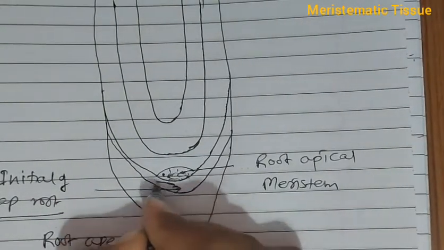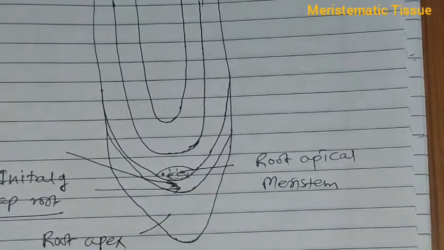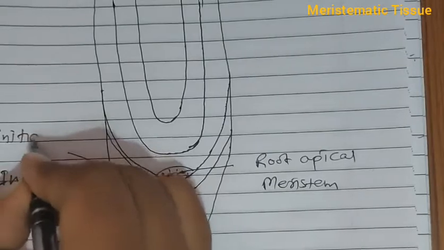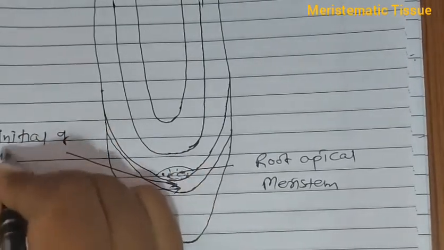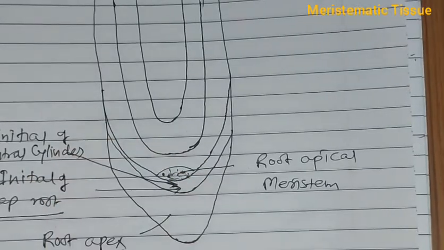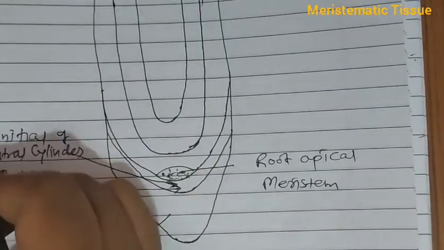Then inner to the initial of the caproot you will find the initial of the central cylinder and cortex.